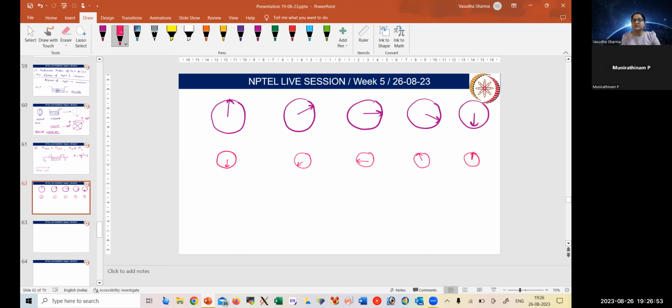Now you can see that the LCP, the left side part, has been absorbed more by the molecule because of its inherent property. This is a figure with the help of which we can understand how the absorbance and the variation of the speed of light are different.